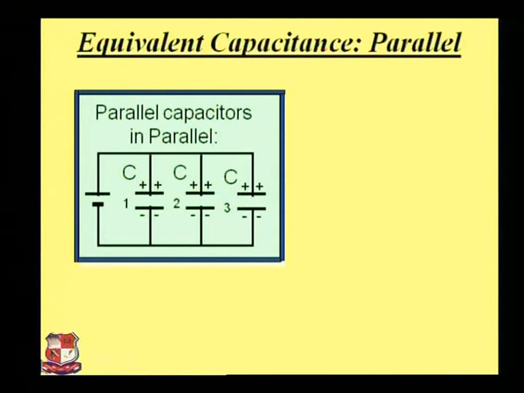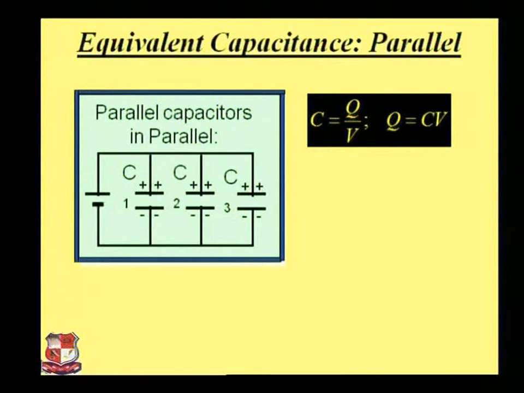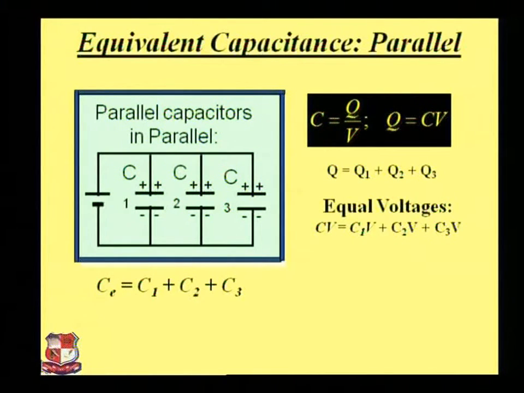This is the equivalent capacitance for the parallel plates. Capacitance C equals Q by V, or Q equals CV. Using Q equals CV in Q equals Q1 plus Q2 plus Q3 for the parallel circuit, we get CV equals C1V plus C2V plus C3V, since the voltages are the same. V cancels out from both sides, so C equals C1 plus C2 plus C3, where C is the equivalent capacitance.